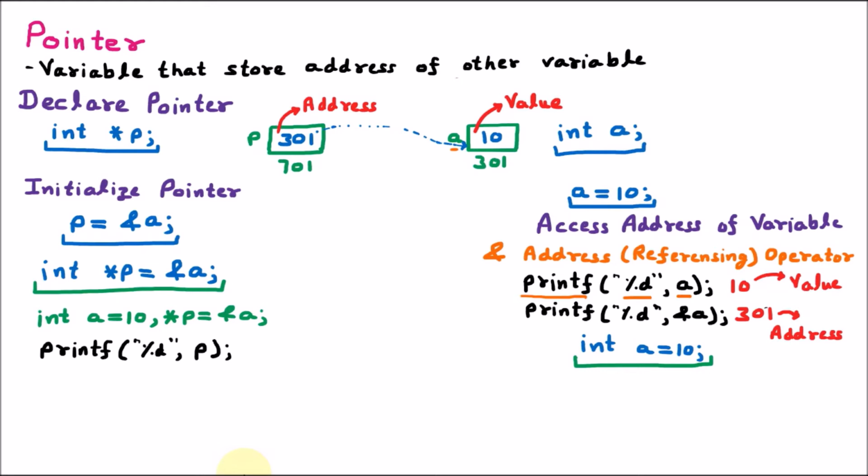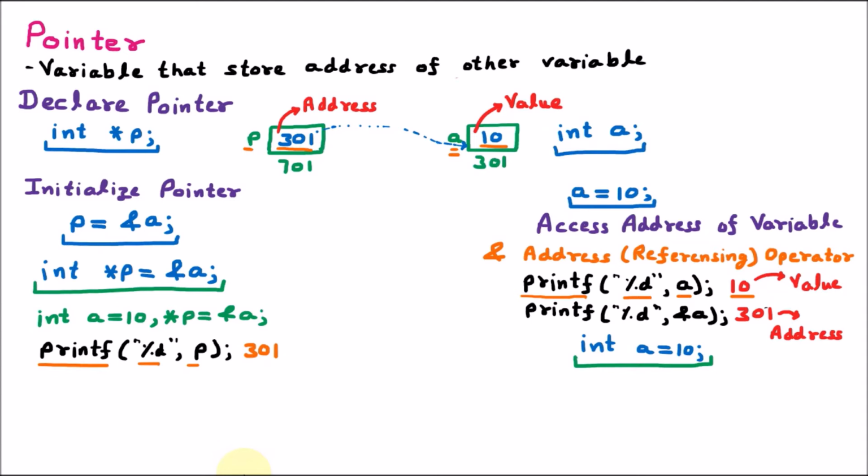We know that whenever we talk about the a, whatever was inside that will be the answer. So 10 was the answer, which is the value. In the similar manner, if you are simply writing printf %d p, then whatever is inside the p is the answer. So here 301 is the answer, and we know that this is the address of A.